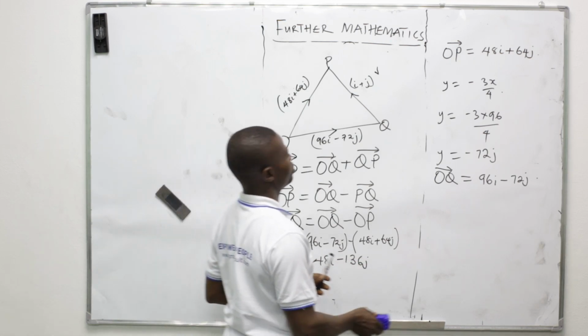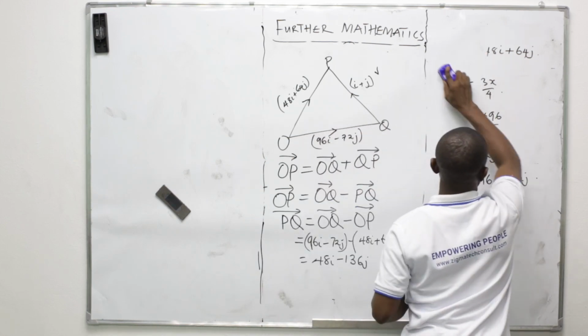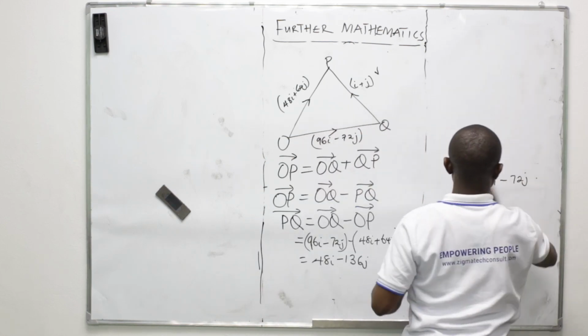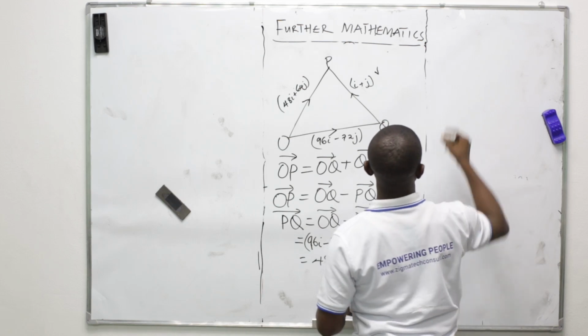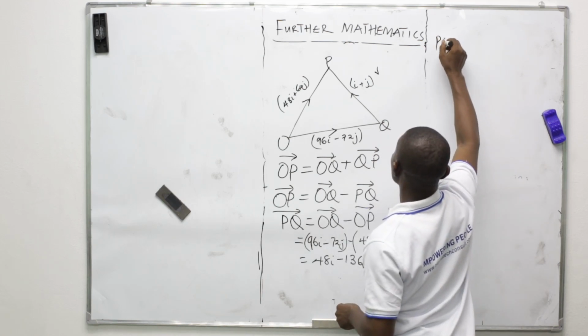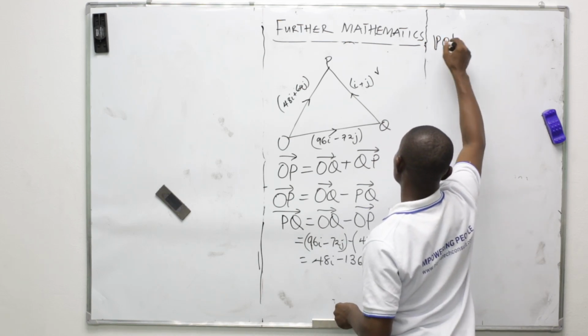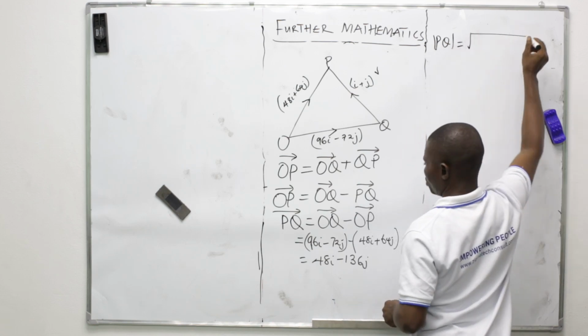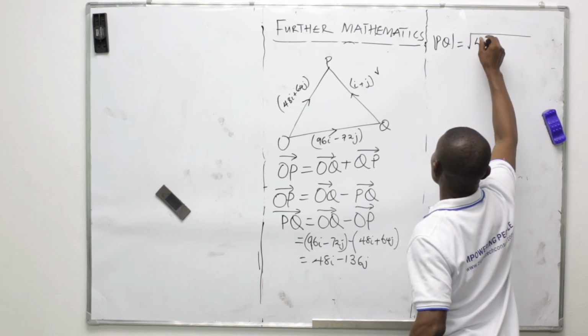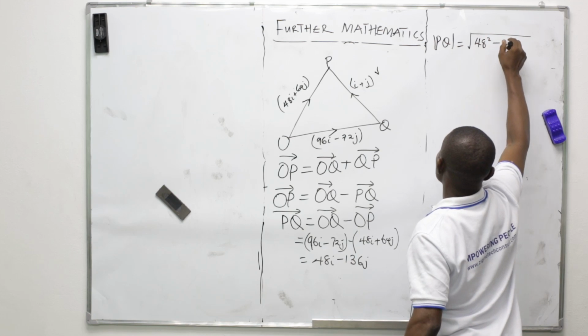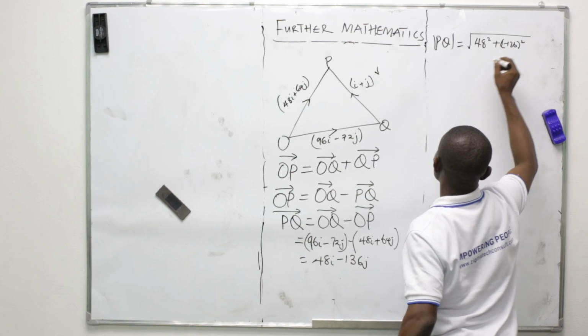Now magnitude PQ. PQ magnitude equals root 48 squared plus bracket minus 136 all squared.